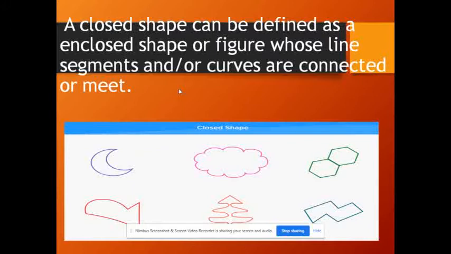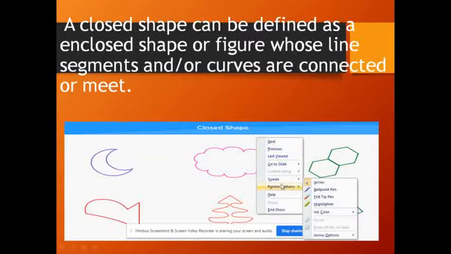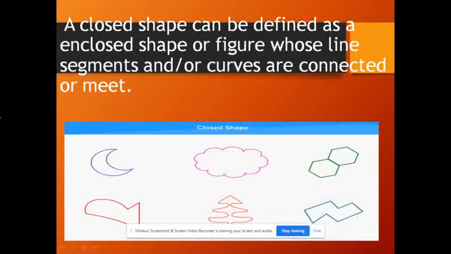A closed shape can be defined as an enclosed shape or figure whose line segments and/or curves are connected or meet. Look at this diagram. From this, you come to know all the shapes are closed. They have no break in their structure. Everything starts and ends at the same point.